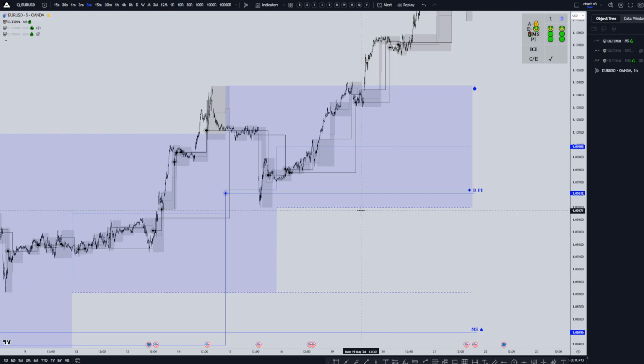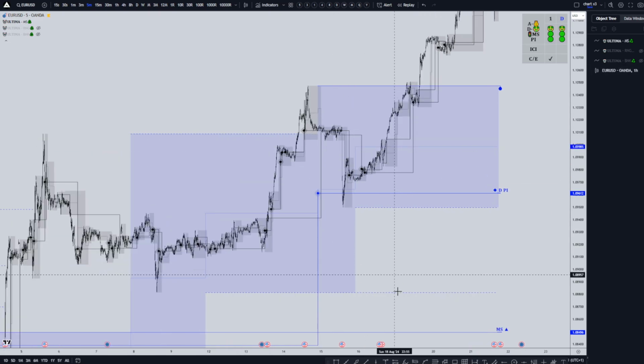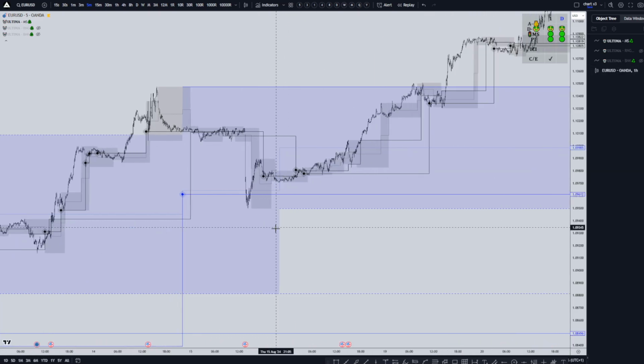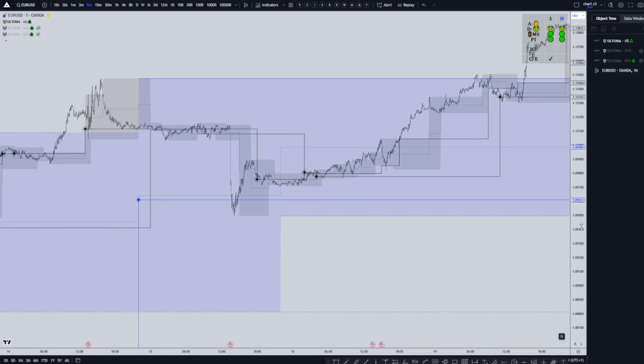Same for the ranges. If you're using just a range, you can follow, let's say, the daily manipulation cycle, but you want to have a sign of weakness or sign of strength already delivered from the lower time frame manipulation cycles, right?